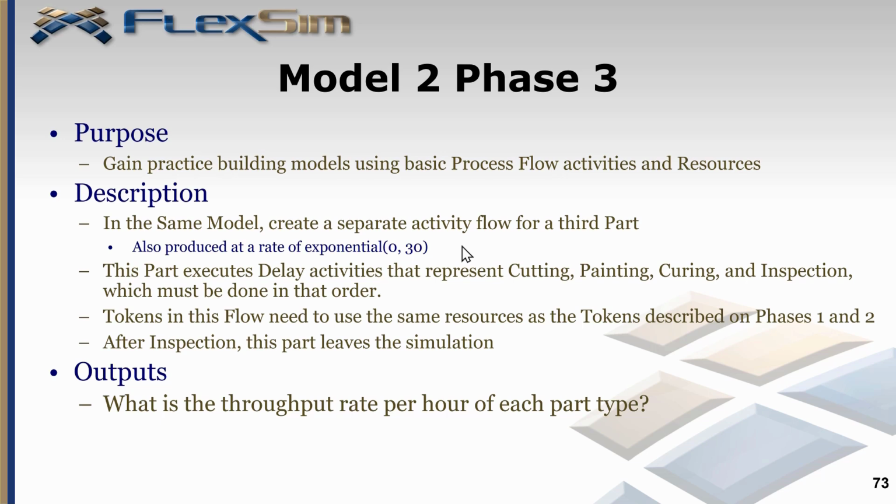Tokens in this flow need to use the same resources as the tokens described in phases 1 and 2. After inspection, this part leaves the simulation. So, basically you're going to do some copy-paste, a little rearranging, renaming, and then consolidating some of the resource blocks. As for outputs go, here's the question. What is the throughput rate per hour of each part type?